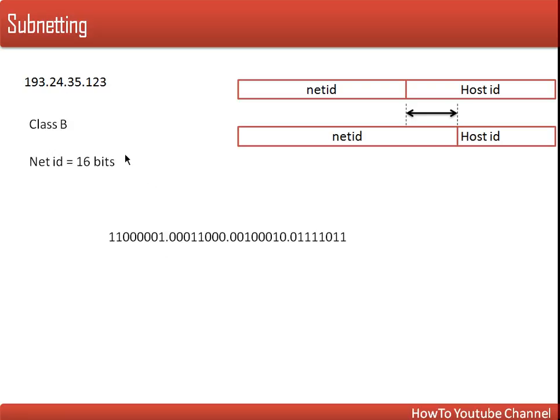This is the binary notation for this IP address. 16 bits are reserved for the network ID, so these bits will not be changed. For assigning host addresses, only the remaining bits will be changed.